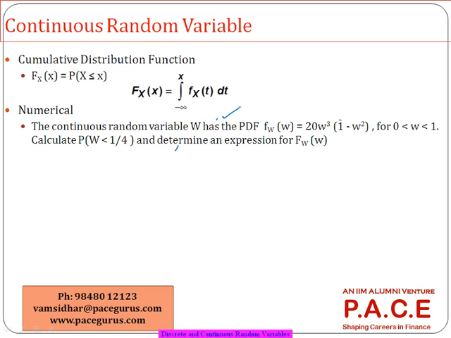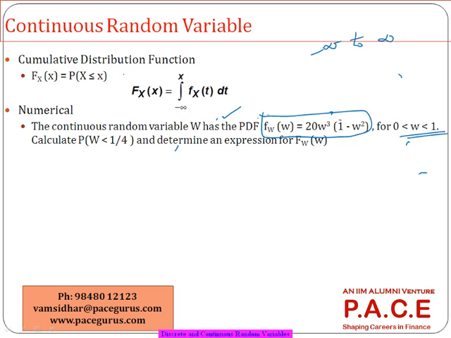See, the continuous random variable, let's say this is the probability function. It is being given as 20 into w cube into 1 minus w square. And the range, instead of minus infinity to plus infinity, they have simplified it saying that it lies between 0 and 1 itself.